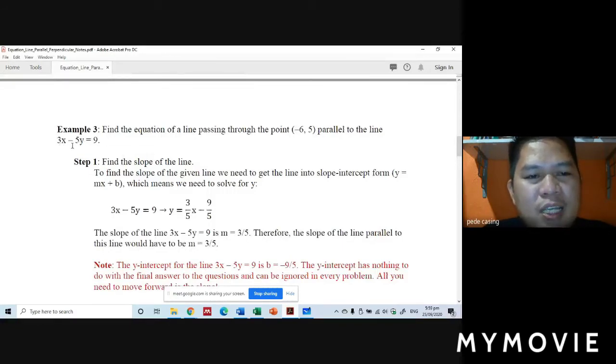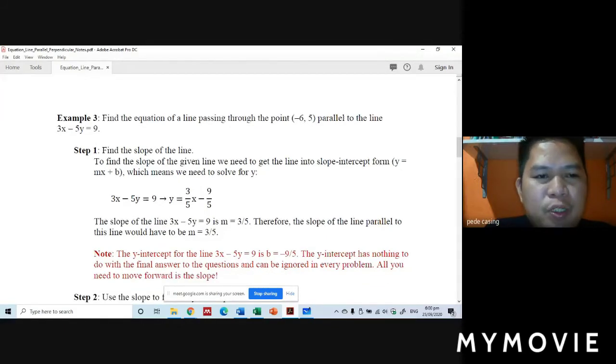What is the other equation that will match the slope to form another line? So take note, the given ordered pair is negative 6, 5. This is the point we will use to substitute in the equation, negative 6 and 5.